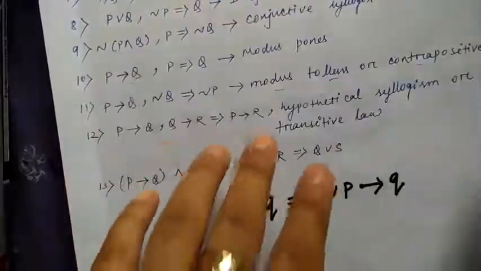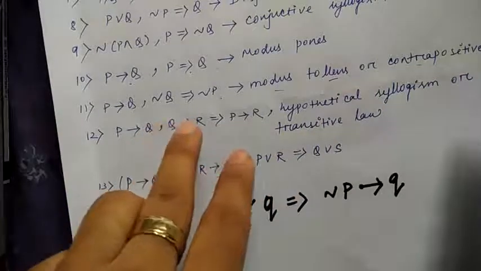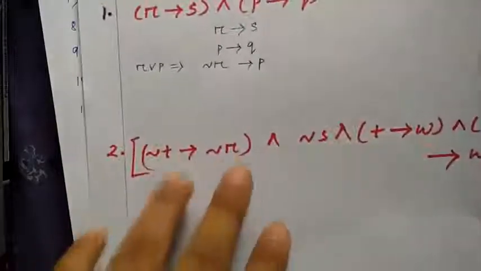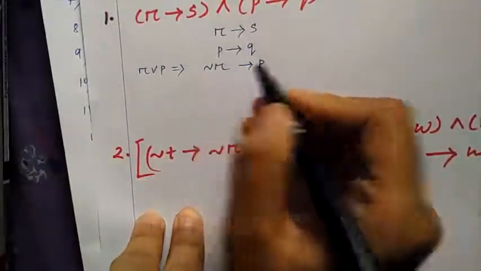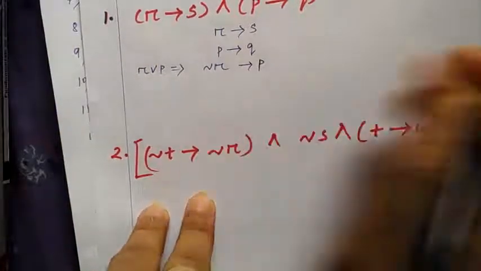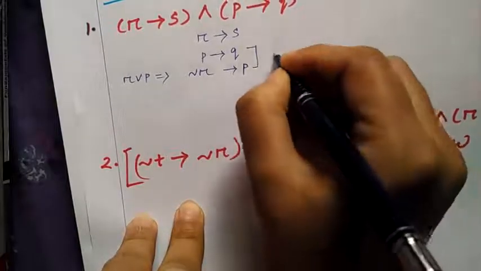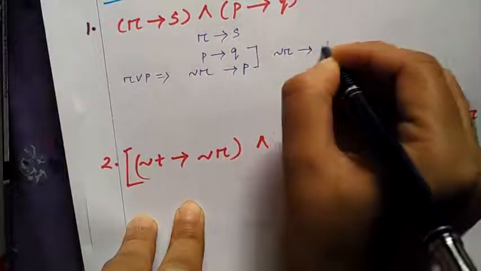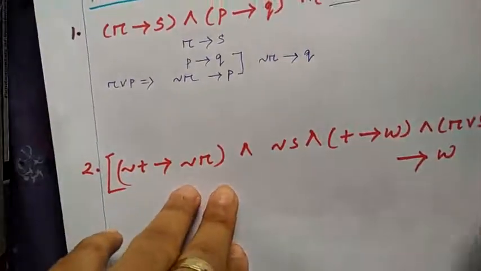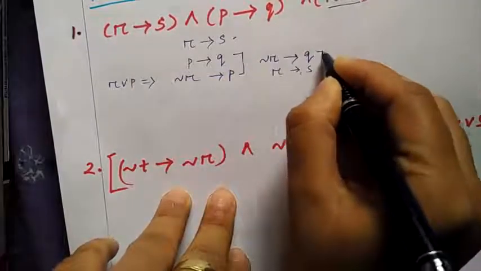Now if you see the transitive law, one tends to second and second tends to third, then you can write it as one tends to third. So you can see here what is happening, negation of R tends to P and P tends to Q. So if you take these two, you can write negation of R tends to Q. Okay, then if you take the other one, R tends to S, is there any relation between these two?